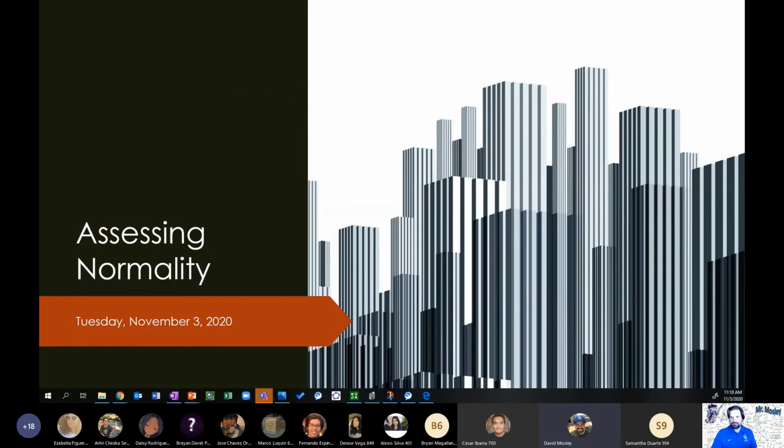Essentially, because normal distributions behave in such consistent ways, and there are ways that we can find more information about normal distributions and normal curves, we have our Table A and things like that. It's very useful to know if something is normal or approximately normal, because then we can use all these tools. So that means we need to be able to assess normality, or if something is approximately normal.